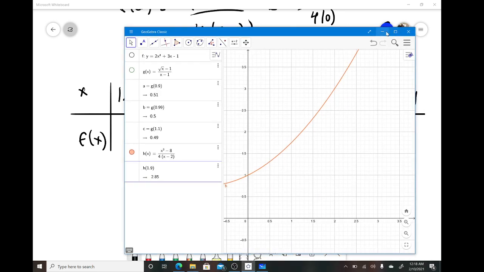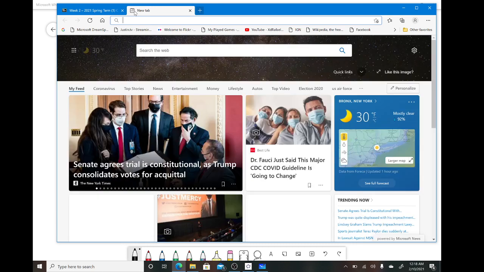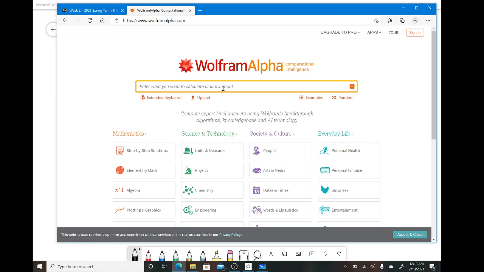Actually, I'm not even going to use GeoGebra because I'm going to take this time to show you a nice website called Wolfram Alpha. Wolfram Alpha is a pretty powerful calculator that you can use to do this type of computation. So let me type in our equation. We have x minus 2 here, and x cubed minus 8 here. I'm just going to be changing the values for x.